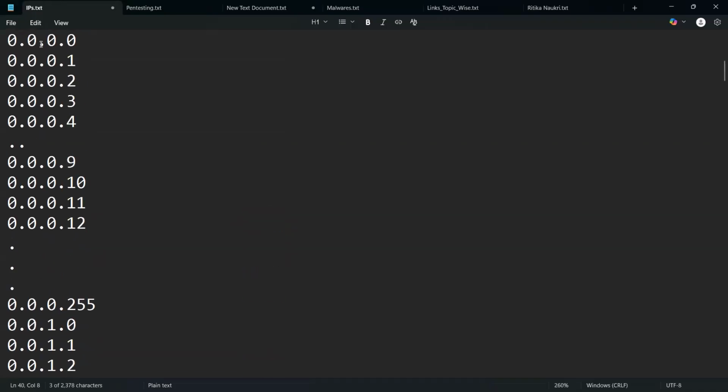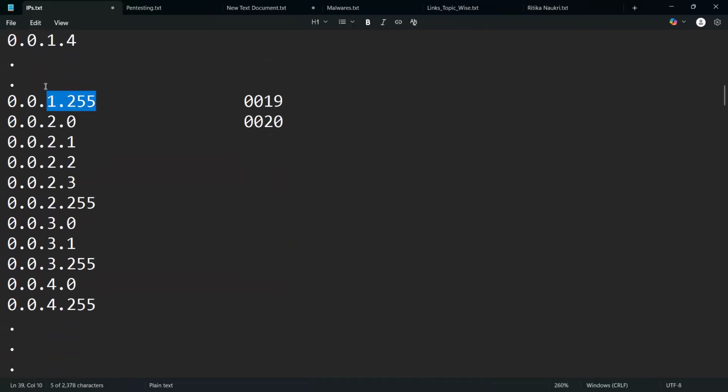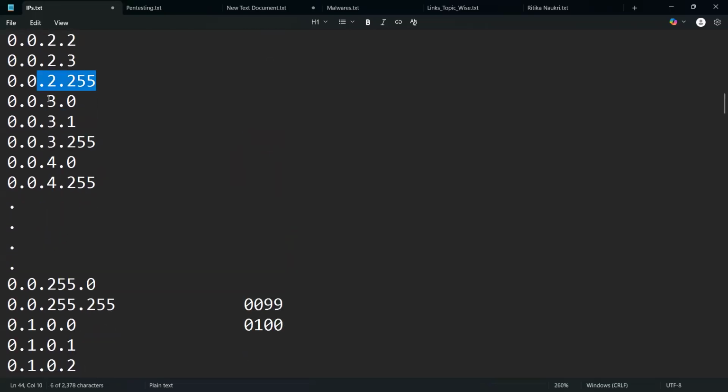If you see, there's a pattern here: 0.0 to 0.255, 1.0 to 1.255, 2.0 to 2.255, 3.0 to 3.255, 4.0 to 4.255. The pattern keeps on repeating again and again, 5.0 to 5.255, 6.0 to 6.255, 7.0 to 7.255, 8.0 to 8.255. It goes on and on.